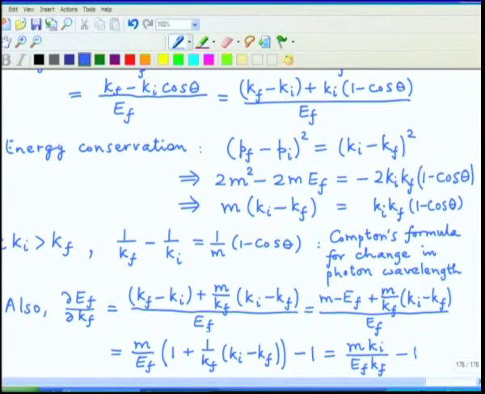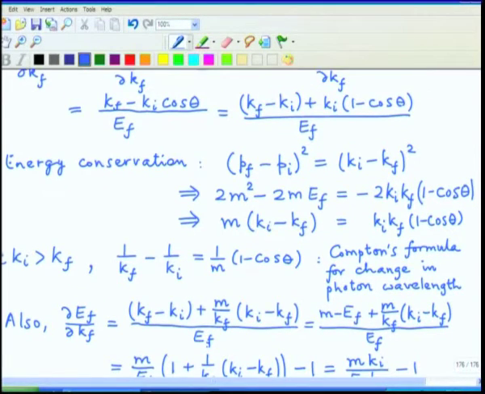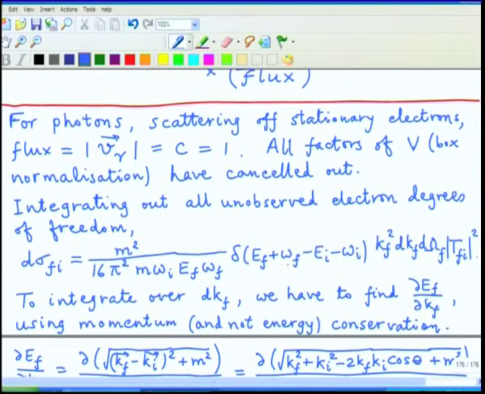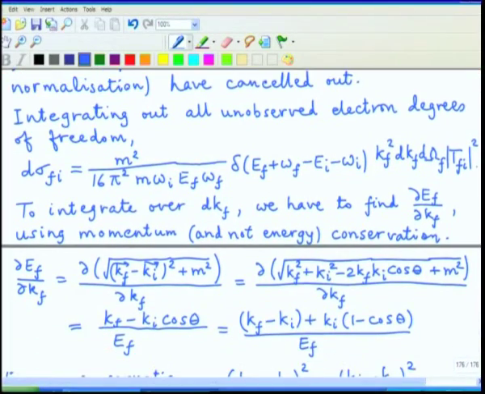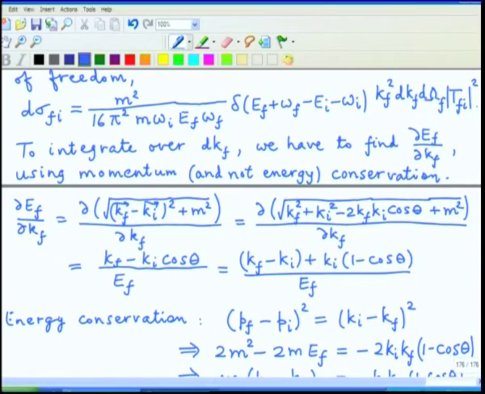And this is in a form which can now be used to integrate over the delta function of energy, which was written earlier, and that delta function basically produces the factor of 1 plus dE_f by dk_f in the denominator, and that is where the whole simplification occurs.